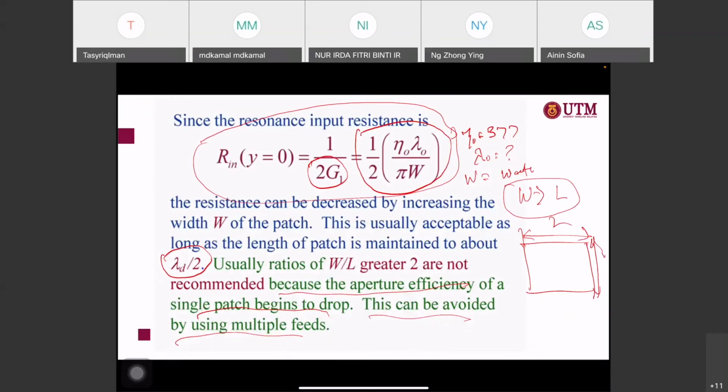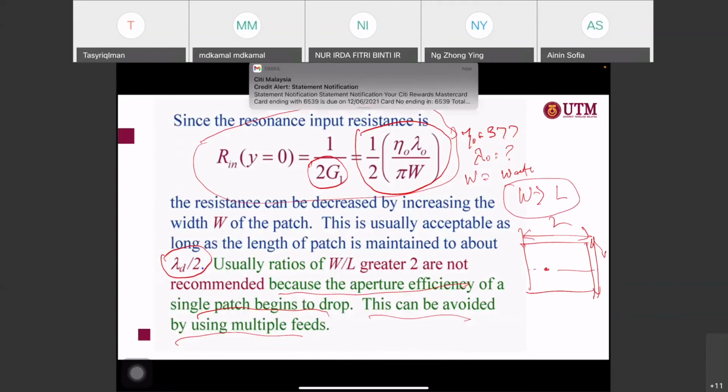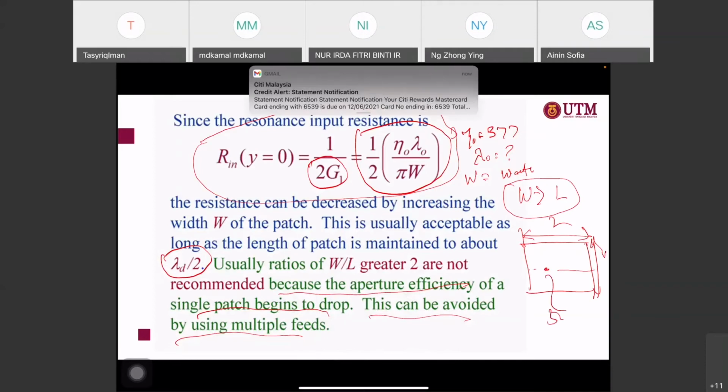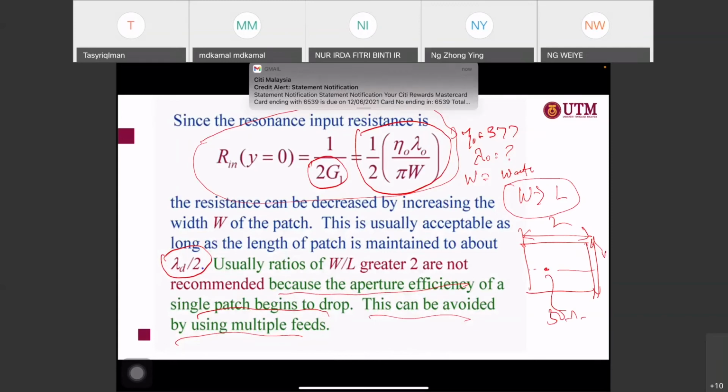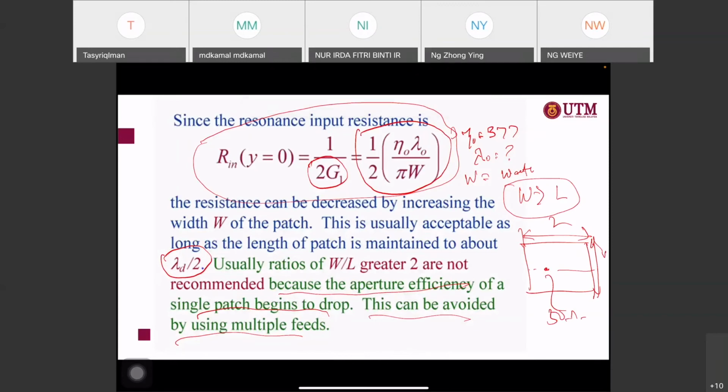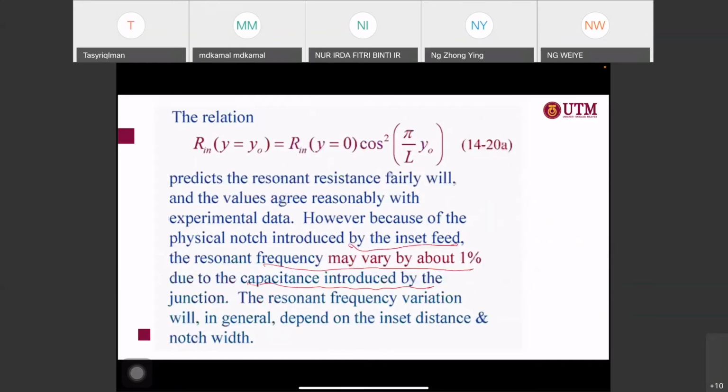So you want to find where the position is that is matched to 50 ohms. You can use these particular equations to find where the position is that you want for your antenna. This is for R in to R naught. So you have to use these relationships here, the positions of your R in.